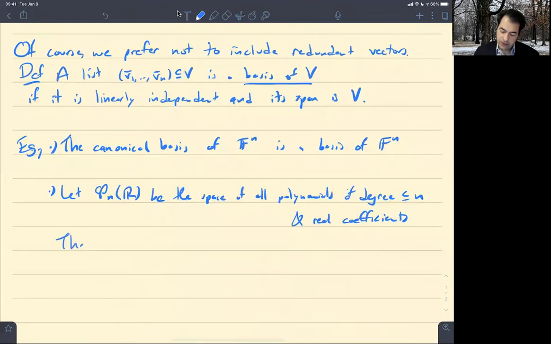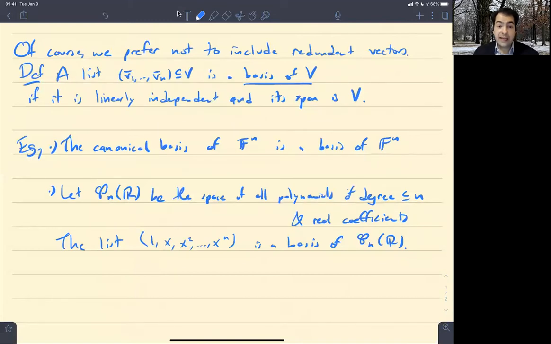Then the list 1, x, x squared, so just the monomials up to degree n, is a basis of P n of R. Okay, so that's the same as saying that it's linearly independent and its span is V.